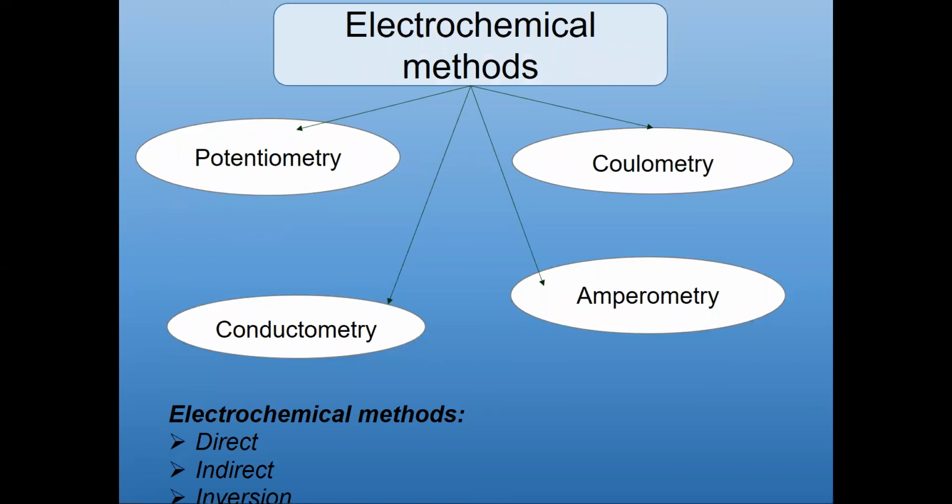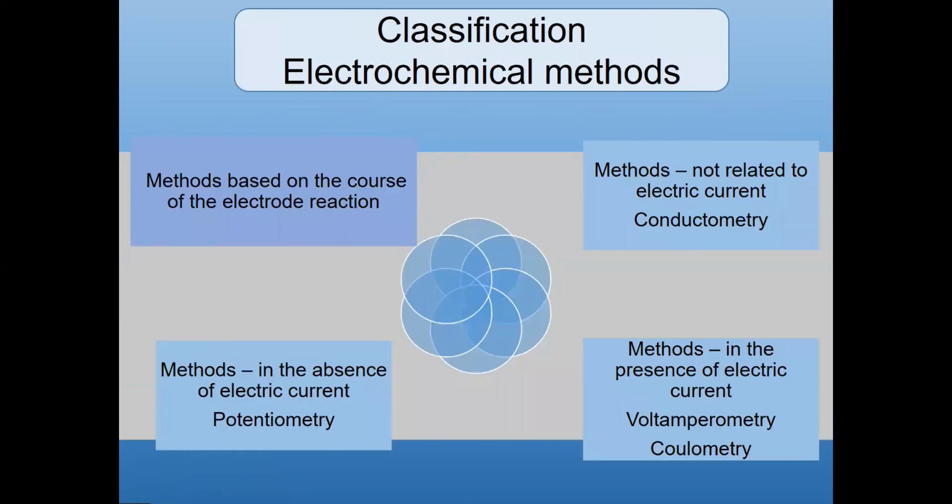Electrochemical methods: potentiometry, conductometry, coulometry, amperometry, and direct methods, indirect methods, inversion methods. Classification of electrochemical methods: methods based on the cause of electrode reaction.